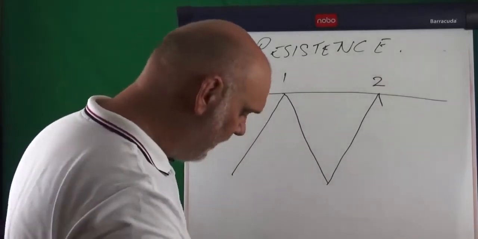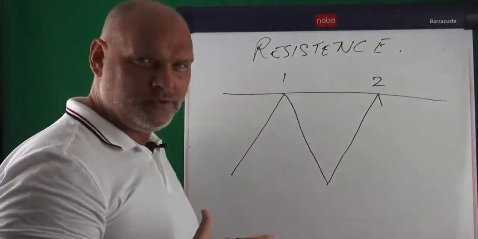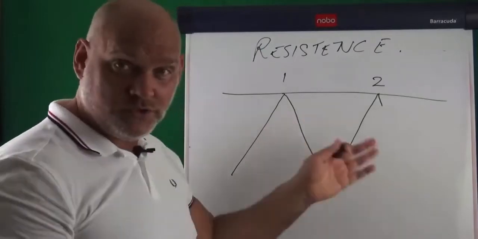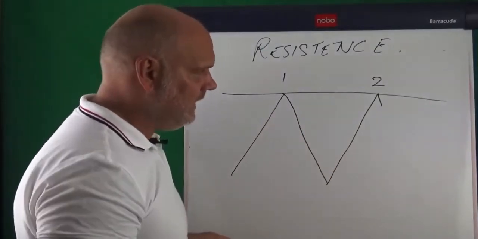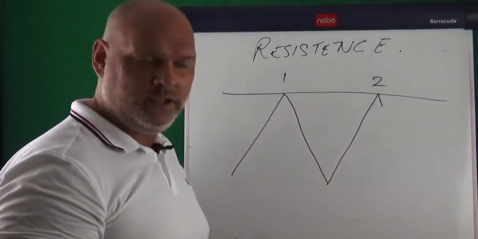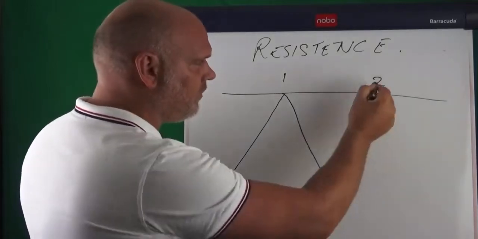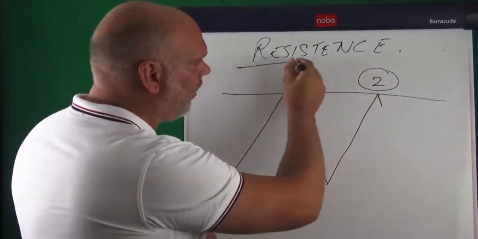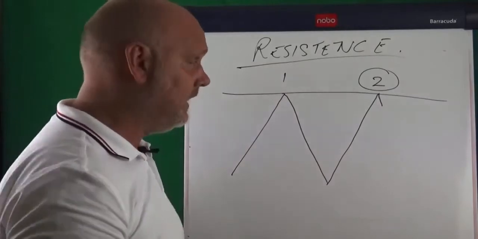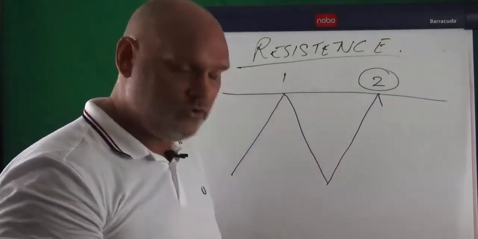Now here's the thing. Part of being able to understand iceberg orders and be able to trade them effectively is to actually assume the role of the trader who is selling off that resistance level in the first place. So become that level trader.